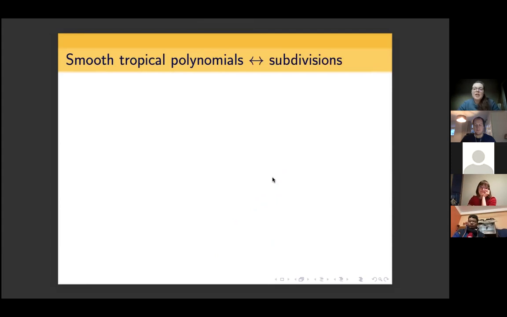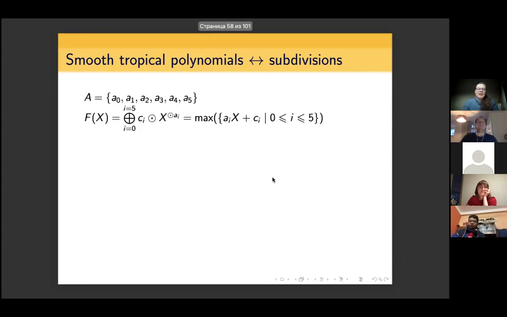Apparently, the shape of a smooth tropical polynomial is the same thing as a subdivision. And we have discussed subdivisions, right? We have a bijection between subdivisions and the vertices of the Newton polytope. So this is a semi-example. There are no numbers here, but still.